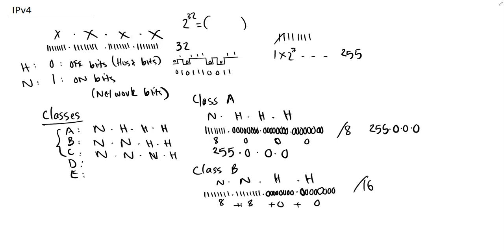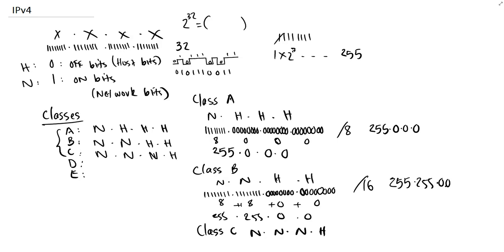And then we know all ones in decimal become 255, and then again 255, and then 0 and 0. So if you have /16, or if you have 255.255.0.0, they're the same.